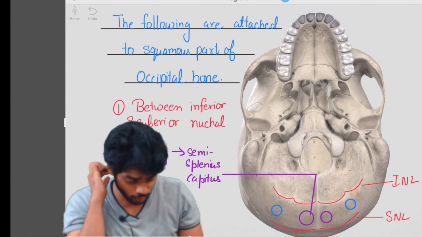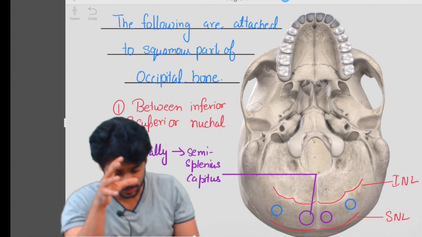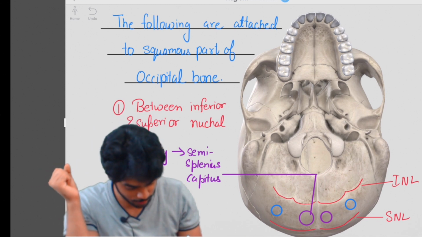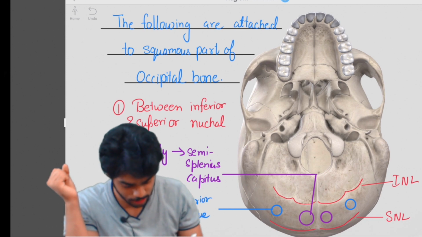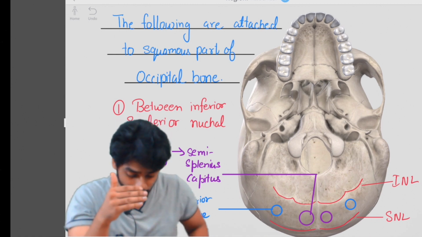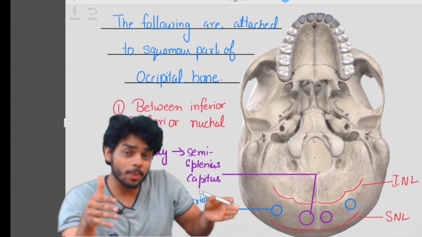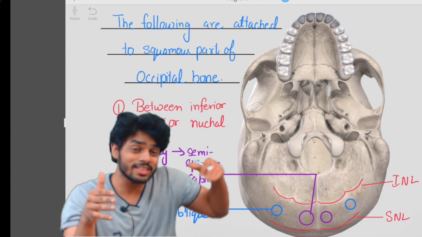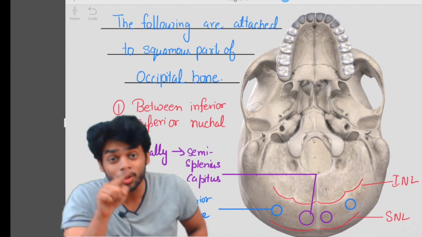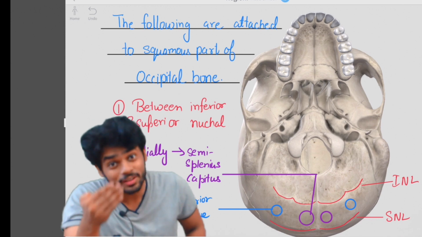And here on the lateral surface of this area we have the superior oblique muscle. Which muscle? Superior oblique muscle, placed laterally. Am I clear? Now we have one more area of the squamous part of the occipital bone, which can be seen in this view, which is inferior to the inferior nuchal line.